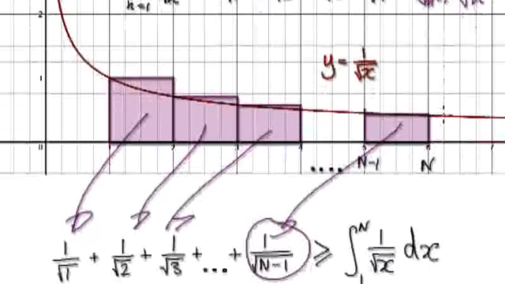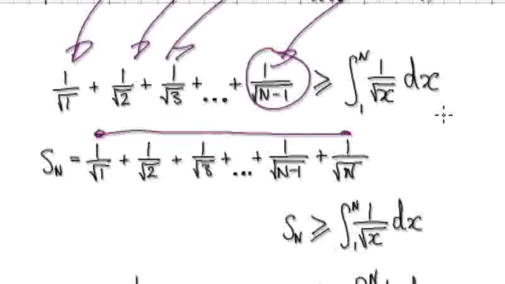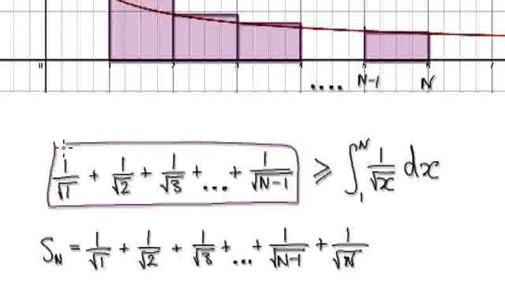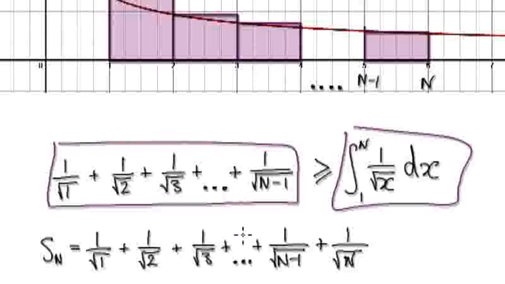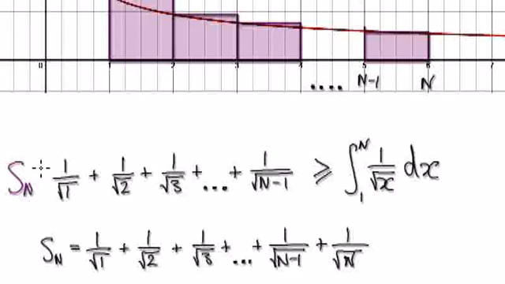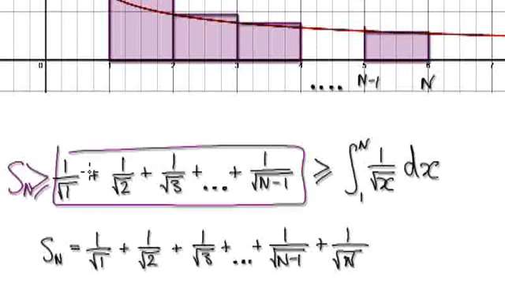So currently we are here. This thing must be greater than this thing here. This thing here is from here all the way to here. So you can see Sn will have an extra part. Sn having an extra part means Sn must be bigger than this thing here.